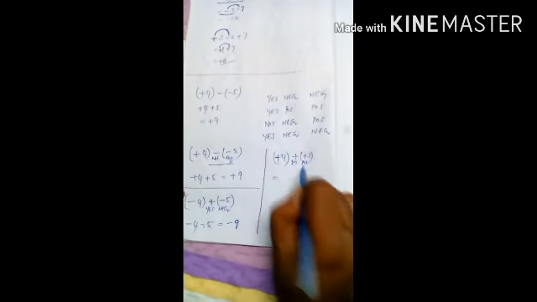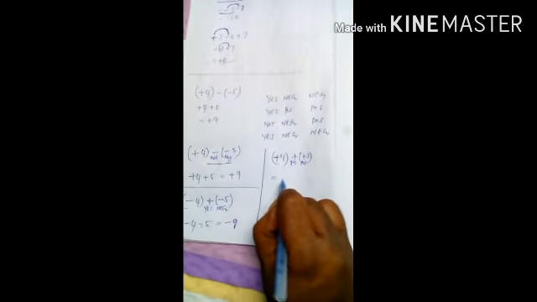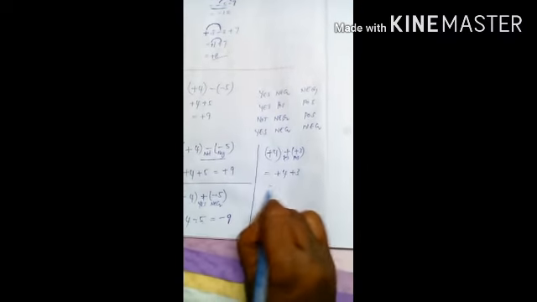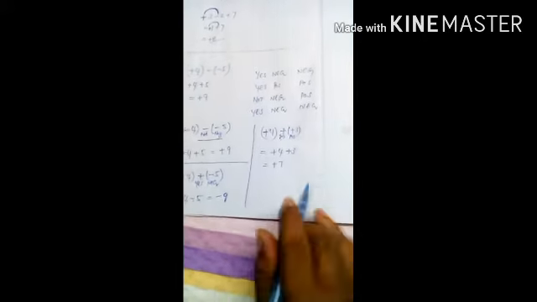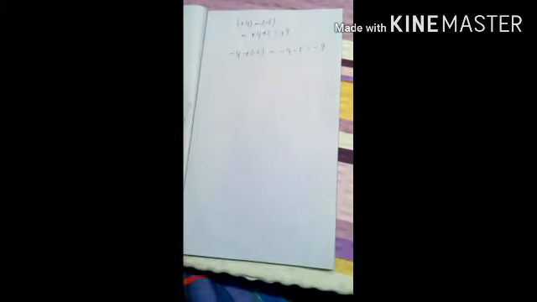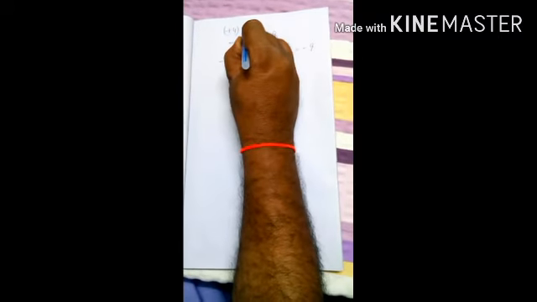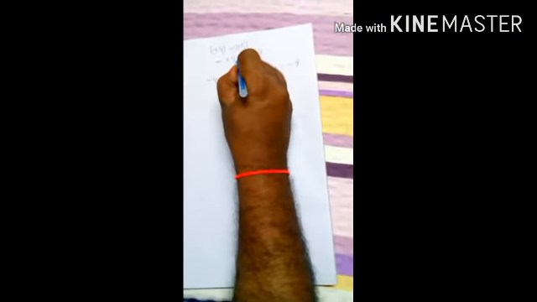Yes, positive, positive. That's why plus 4 plus 3 is equal to plus 7. Okay, if you have any doubt about this concept, better you go for the earlier method only. That is your wish.